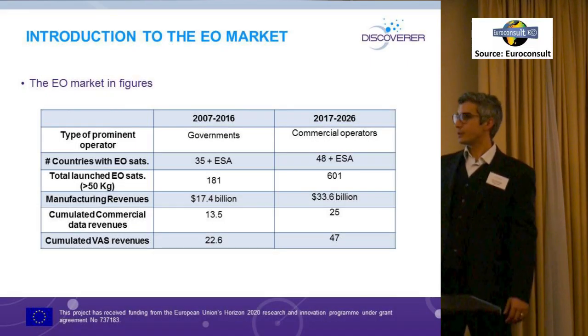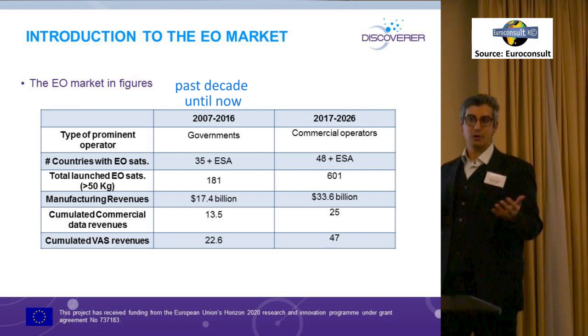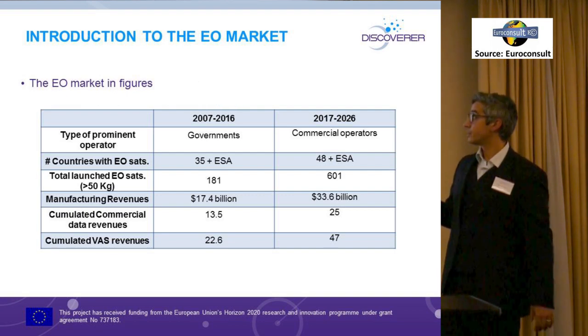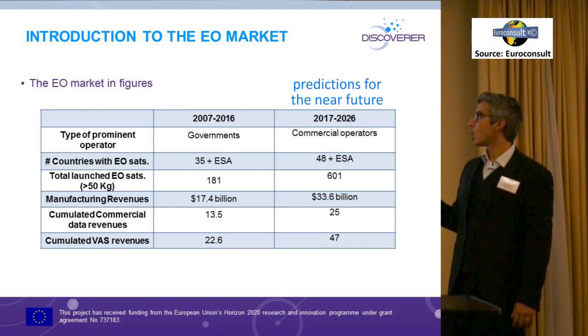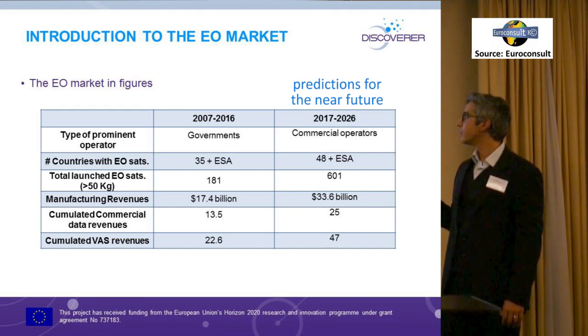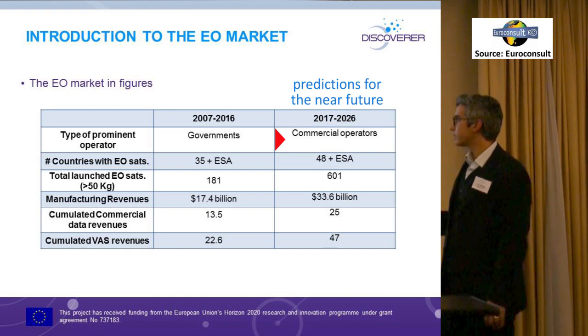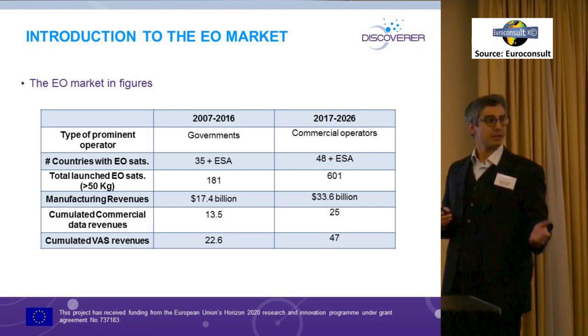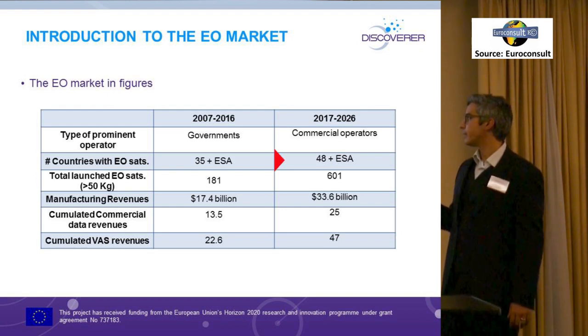As of today, mostly governments were investing in the sector. Now this is changing. We will see it go from governments to commercial operators as prominent operators in the next years. We go from 35 countries with EO satellites up to 48.